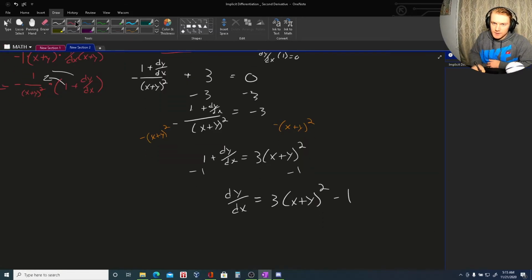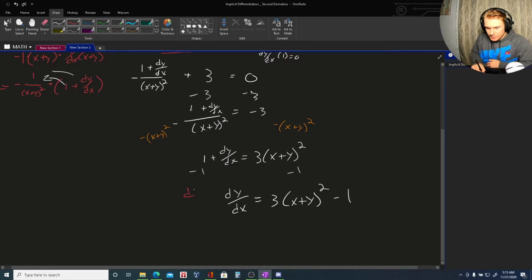Basically, to get what it's asking for, we do the same thing again. The second derivative is the derivative of the isolated first derivative.